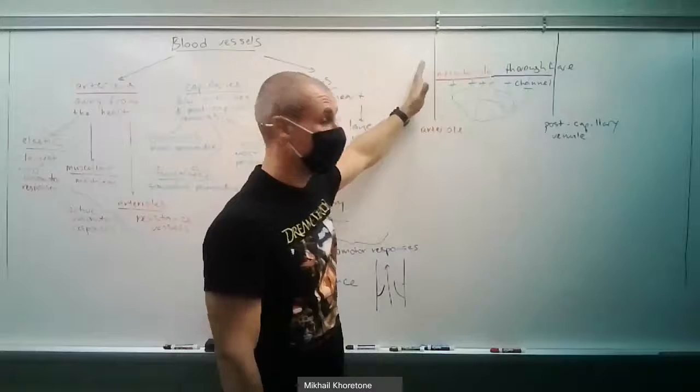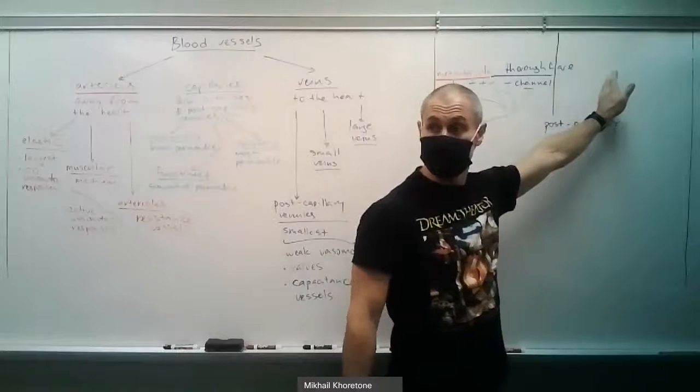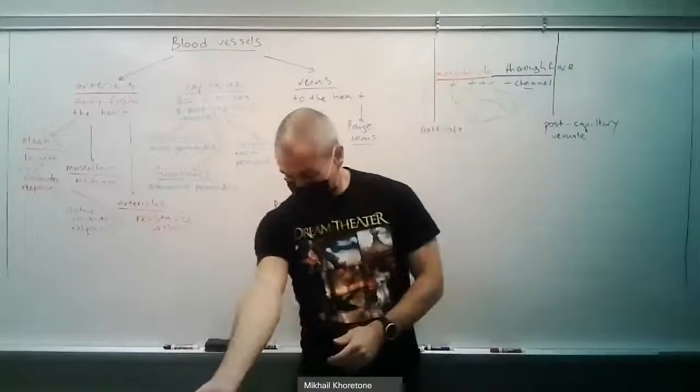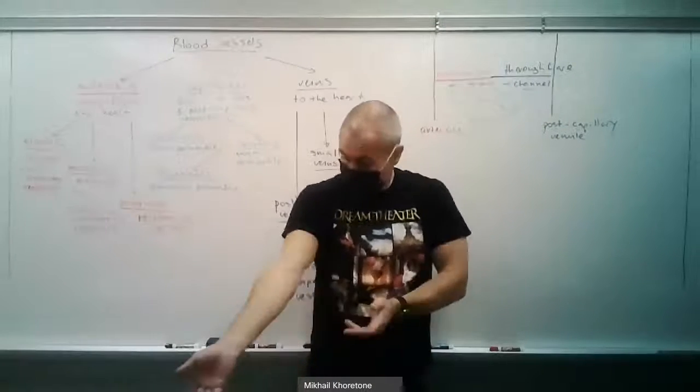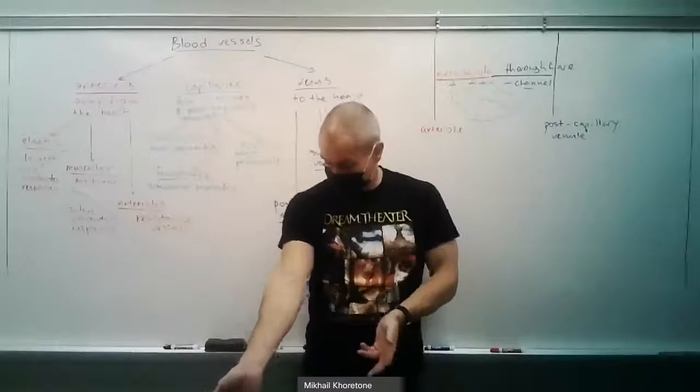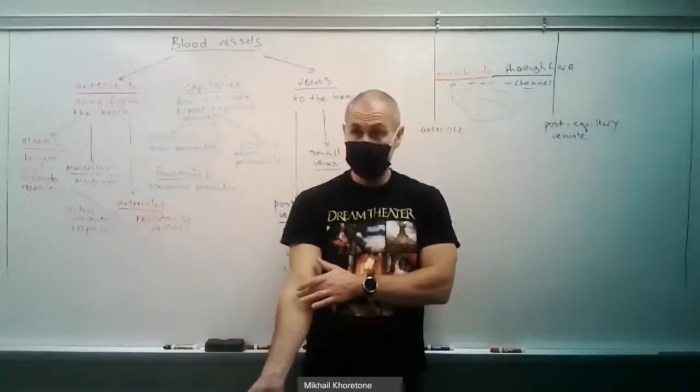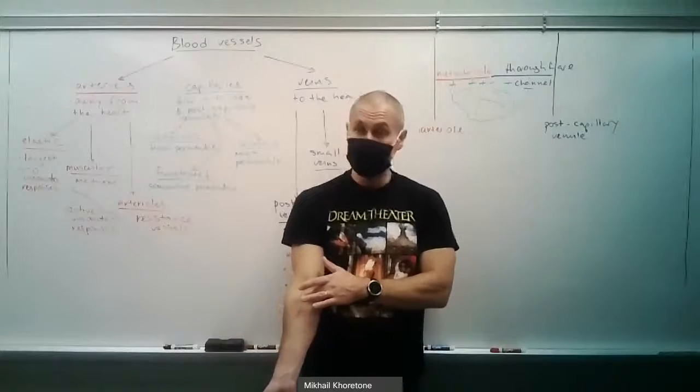This is an arteriovenular anastomosis. If you would look at your forearm, or my forearm for that matter, I don't know if you can see, this large vein here, it's the median antecubital vein.